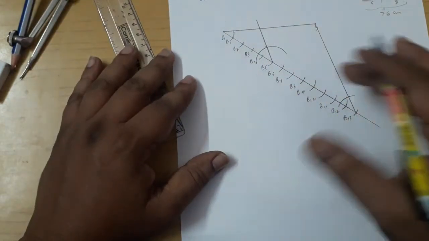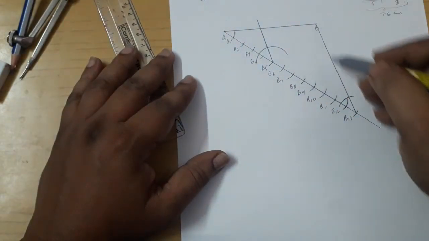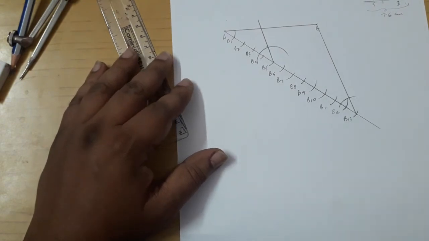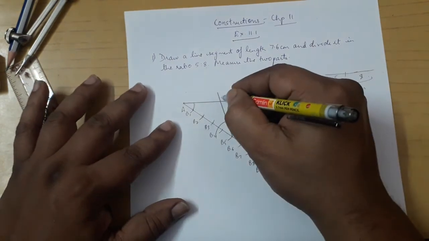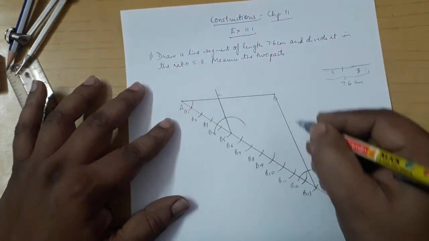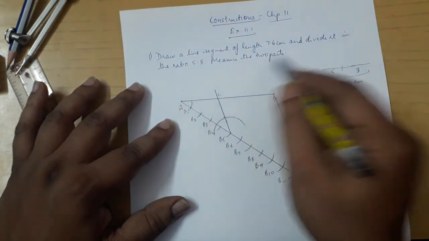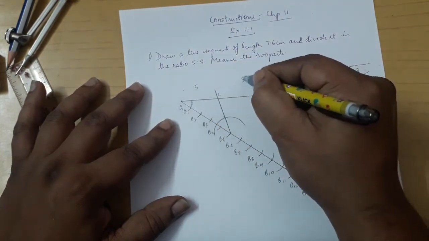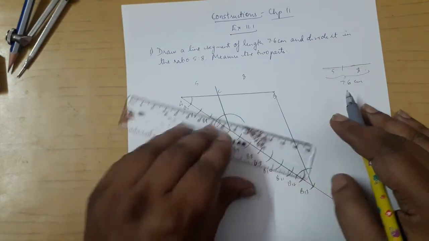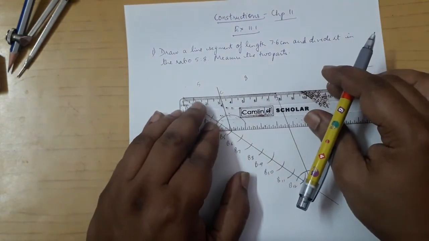Now this line is parallel to this B13. Now that we have drawn this line, we'll mark this as C, and we are asked to measure the two parts. So these two parts should be in the ratio 5:8 now. And let's see the measurement.